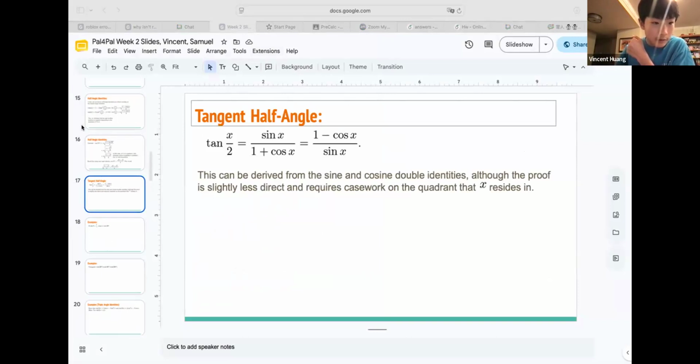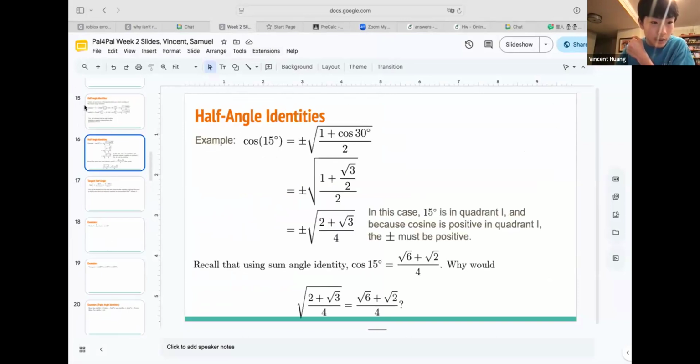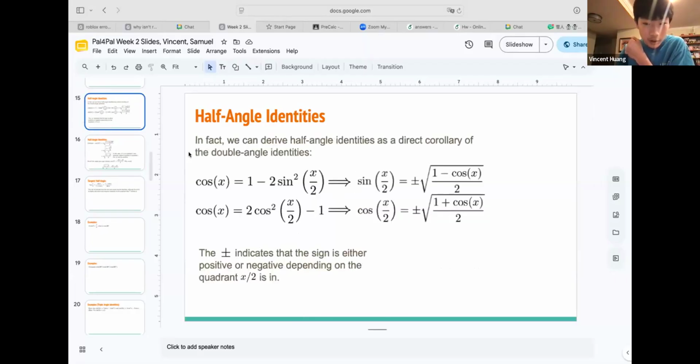We do have half angle identities over here. We have half angles over here. If you divide these two, recall tangent is sine over cosine. If you do that, you get the square root of 1 minus cos x over 1 plus cos x because of how square roots work.